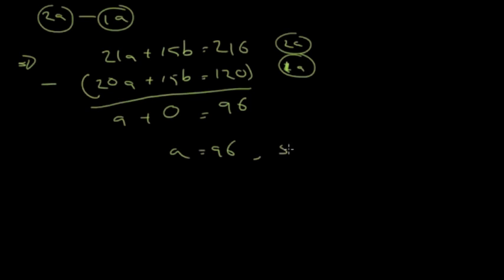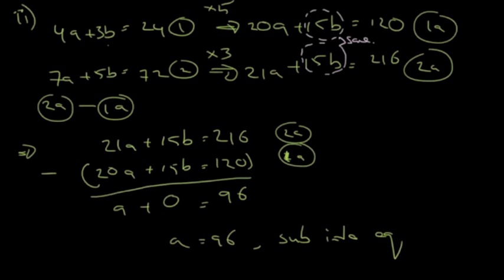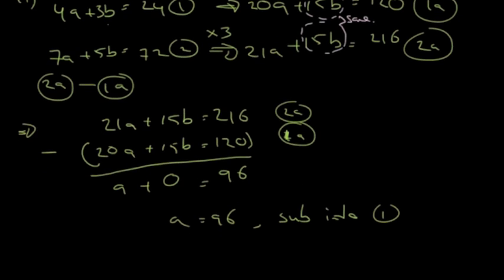And we can sub this into equation, don't even have to write equation. Let's be lazy. Let's just say sub it into 1. And so we've got our 1 there. Try to keep that on the screen.